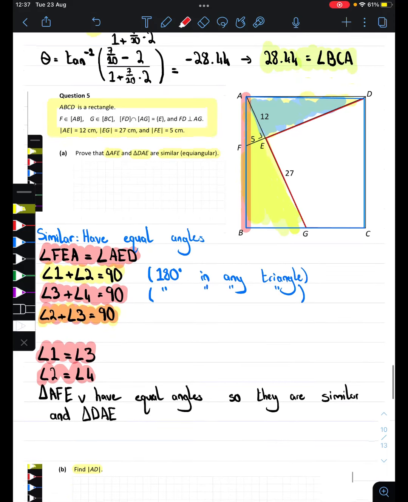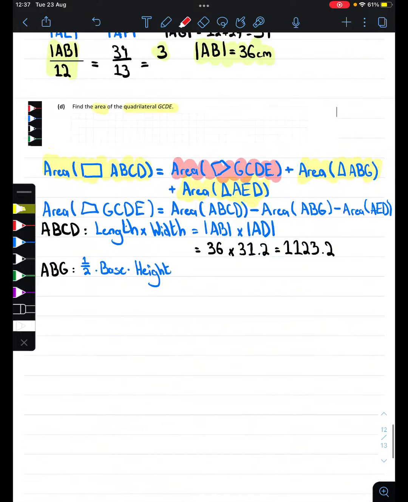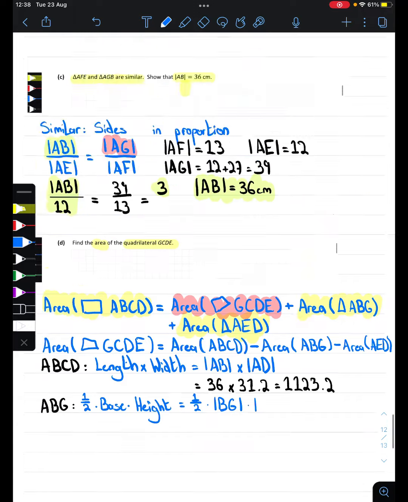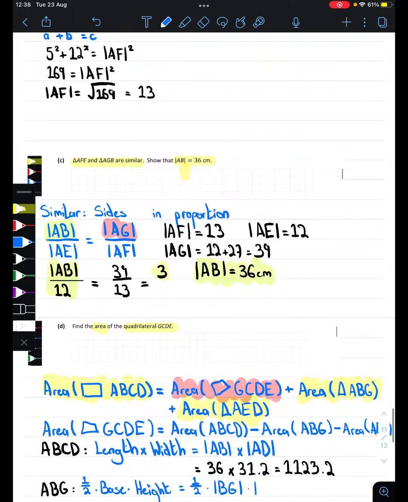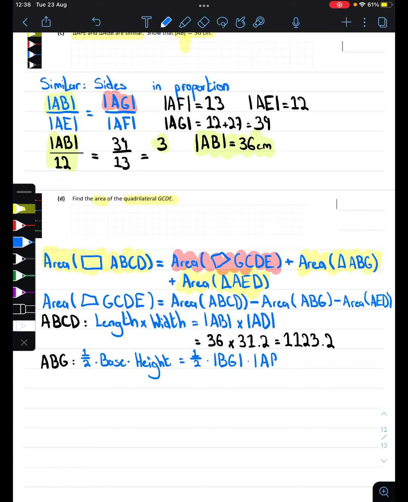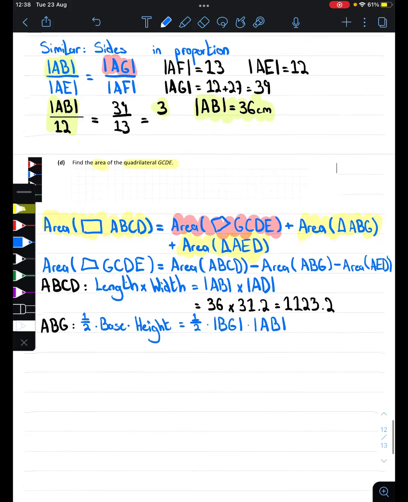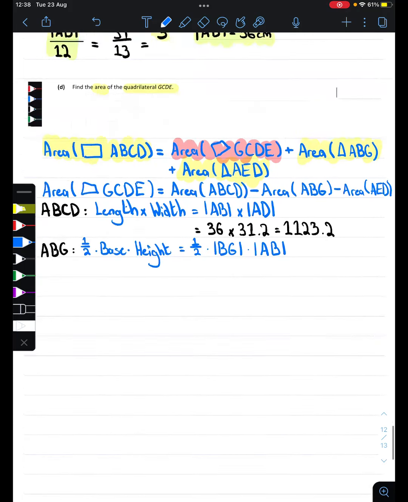So we're looking for half of AB times BG. And we have AB, but we don't have BG.